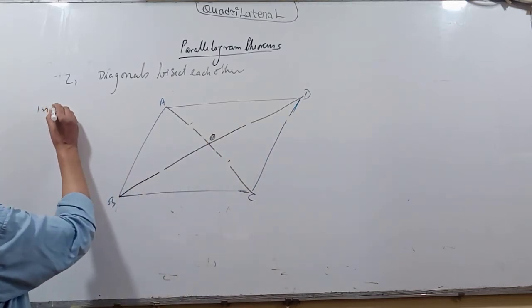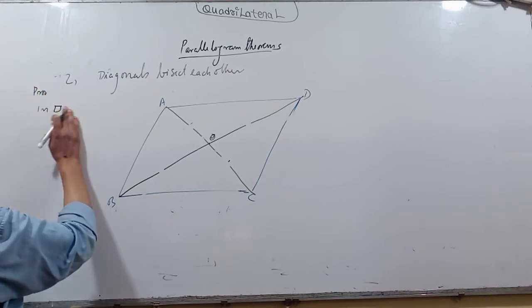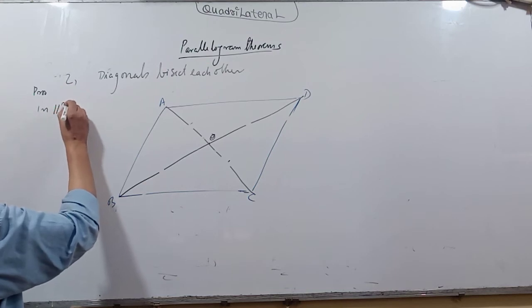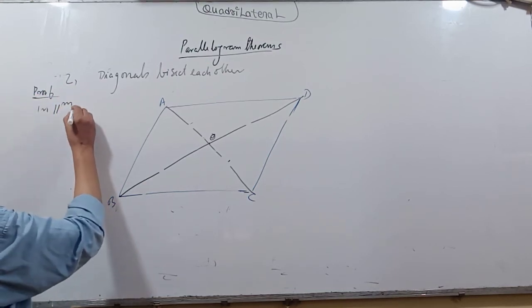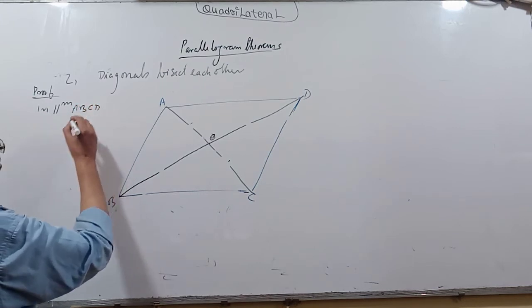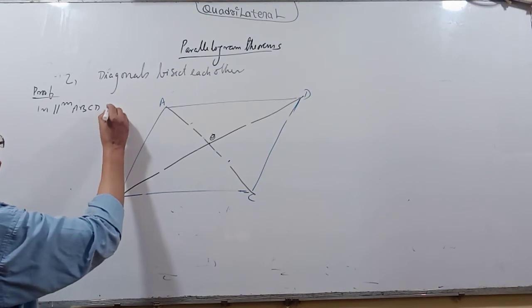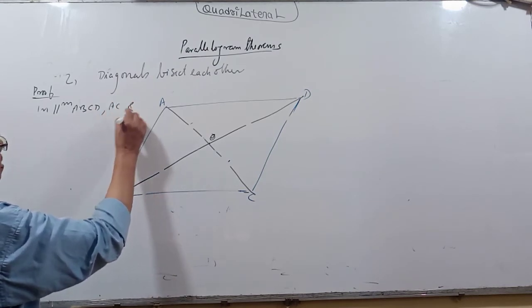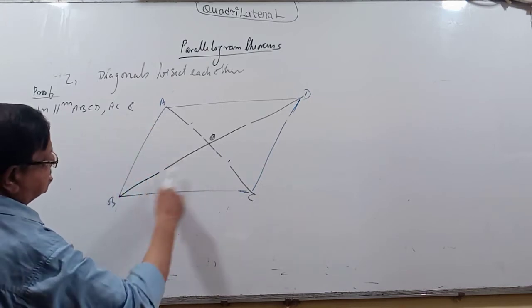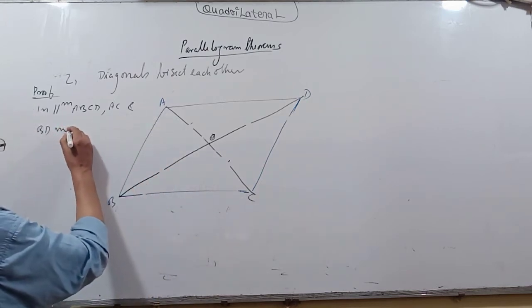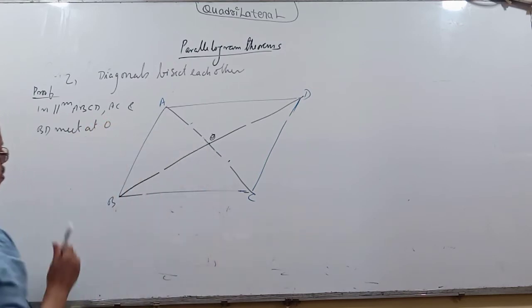In parallelogram ABCD, diagonals AC and BD meet at O at this point.